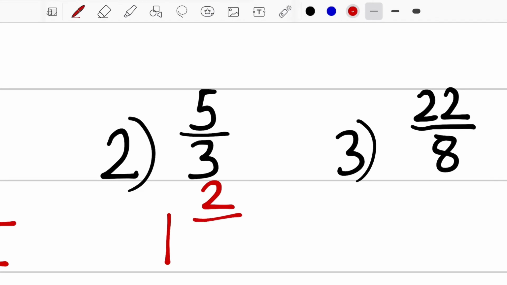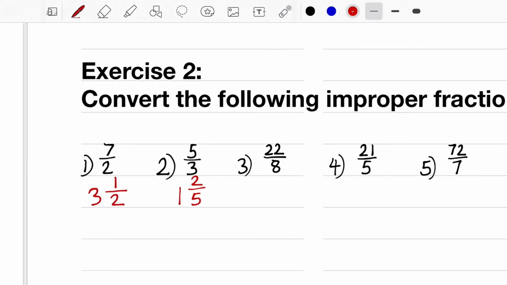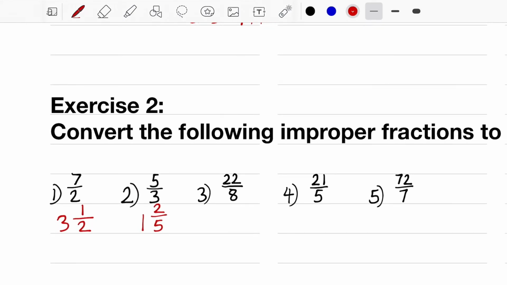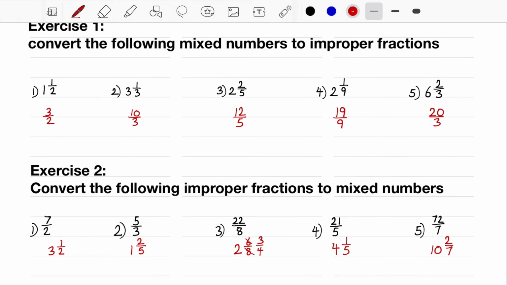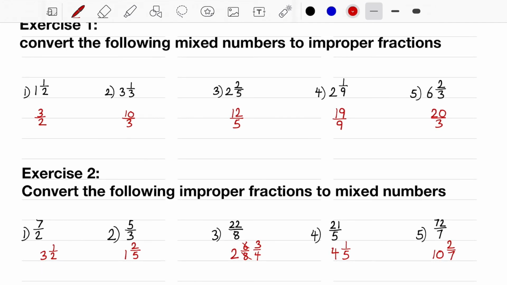And we must put back the same denominator. So 5 over 3 is equal to 1 2/3. So you can try the other questions now. Okay, let's correct. So here we have the answers.